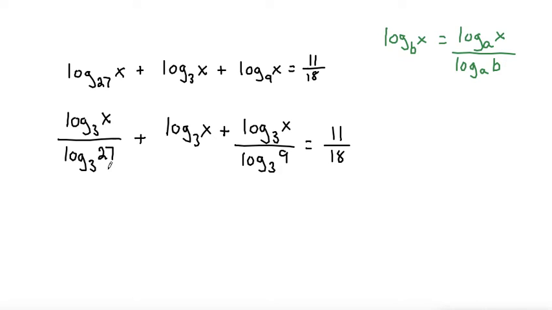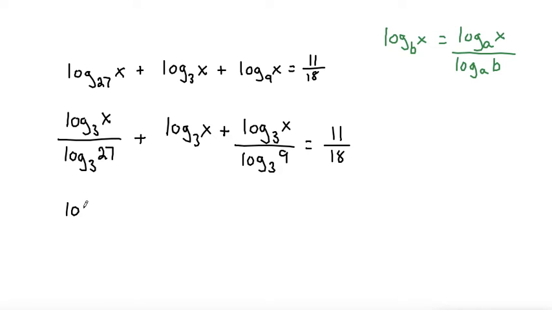From here, we can rewrite the denominator logs, because those are all numbers. We can rewrite them as exponents so that we can simplify these denominators, and we want to use base 3 for each one of these.